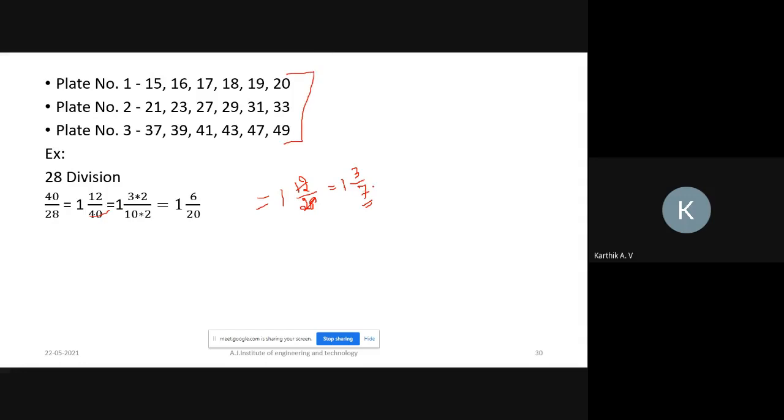So you should multiply by a number in such a way that it matches any of the hole circles. Which plate number can you take, and which number should you multiply here? 7 twos are 14.